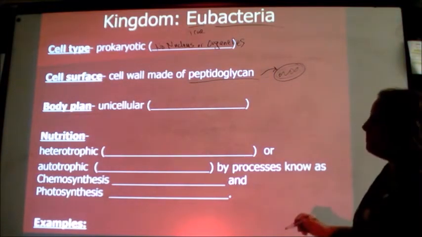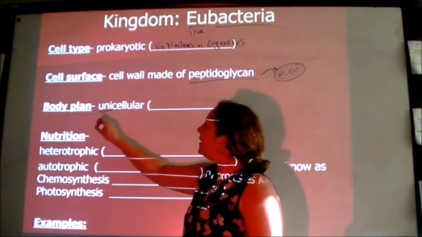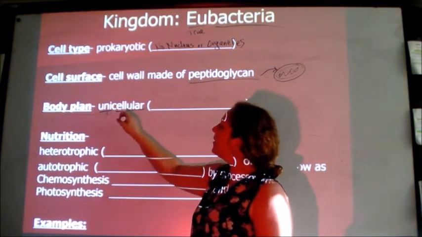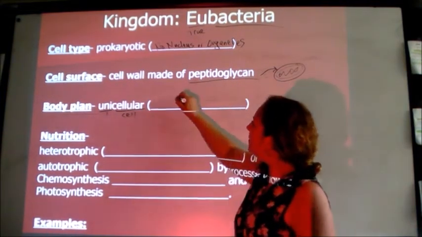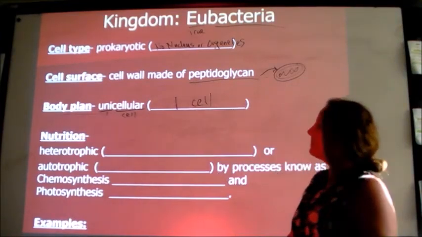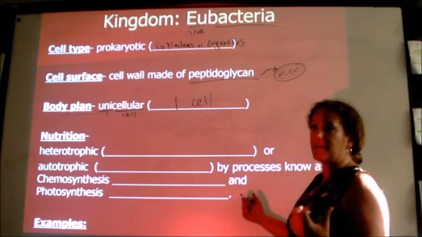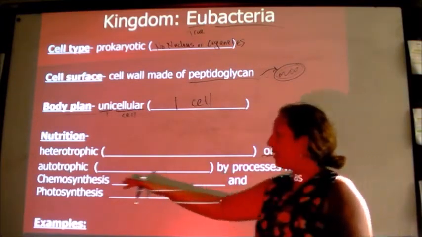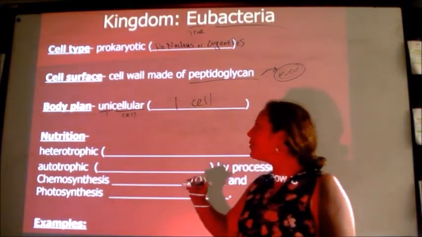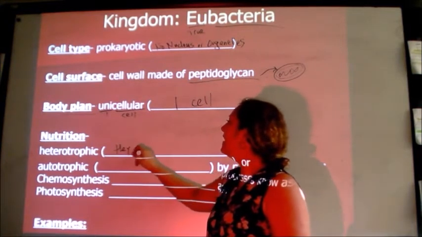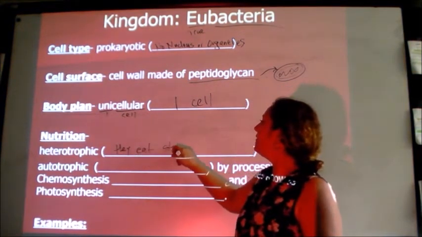The body plan: these things are all uni, which means one, cellular, which means cell. So, one cell. Nutrition: they are heterotrophic sometimes, or they can be autotrophic. Heterotrophic means they eat stuff.